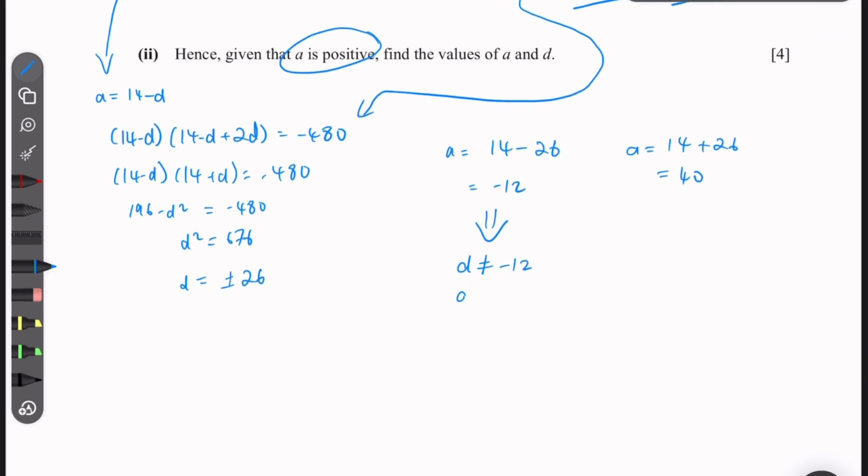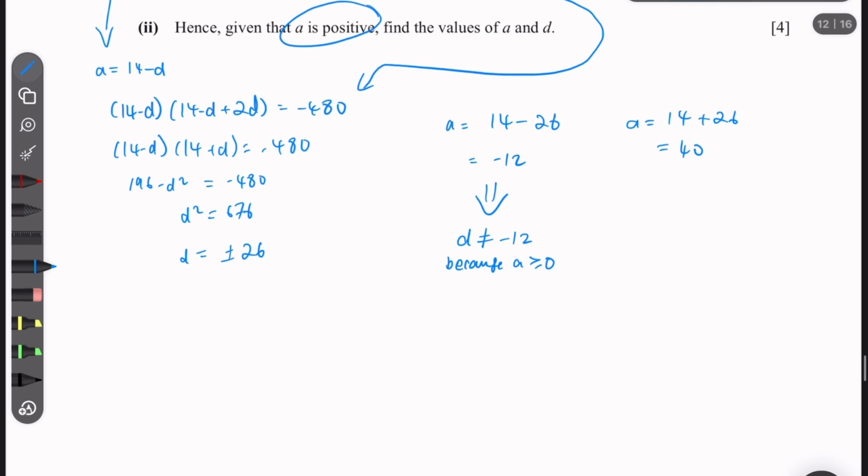Because a has to be larger than 0. Yes, so d cannot be equal to minus 12.